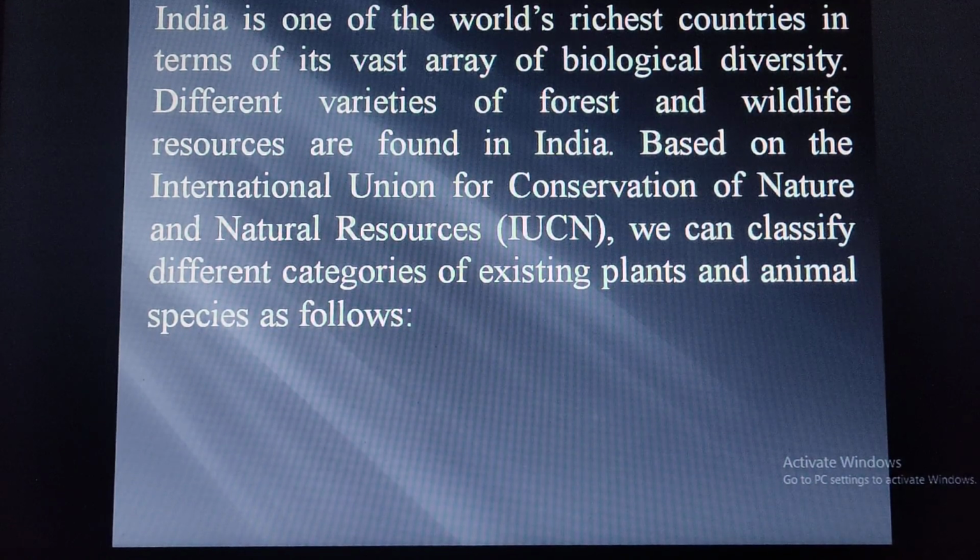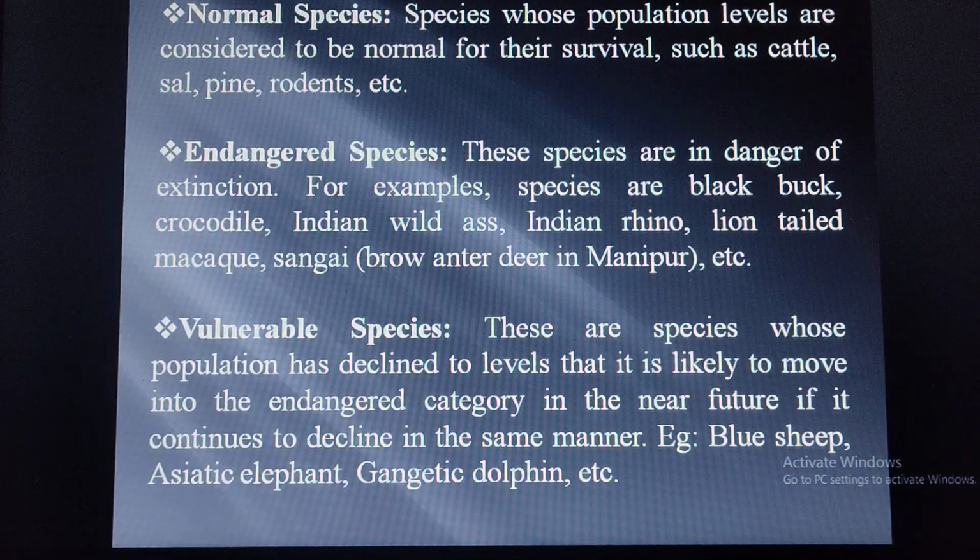Based on the International Union for Conservation of Nature and Natural Resources, that is IUCN, we can classify different categories of existing plants and animal species as follows. These are the categories under which we are classifying the plants and animal species. Let us see what they are one by one.